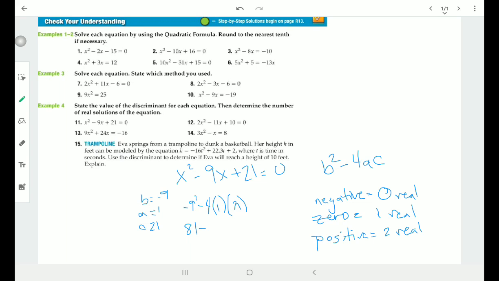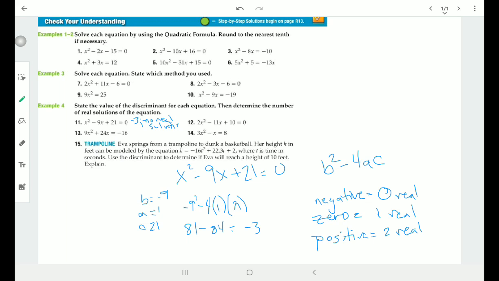So basically 4 times 21, which is 84. And what I get is 81 minus 84, which is negative 3. And if we remember right, negative 3, since it's a negative, means that we have 0 real solutions. Okay, so my answer for that would be negative 3 and then no real solutions.